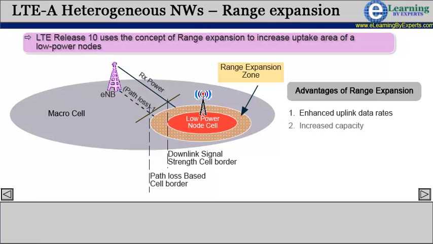Increased capacity, receiving downlink traffic from the low-power node even if the received signal strength from the macro is higher, allows for the reuse of transmission resources across low-power nodes. Improved robustness. Enlarging the coverage area of a low-power node can reduce its sensitivity to ideal placement in a traffic hotspot.